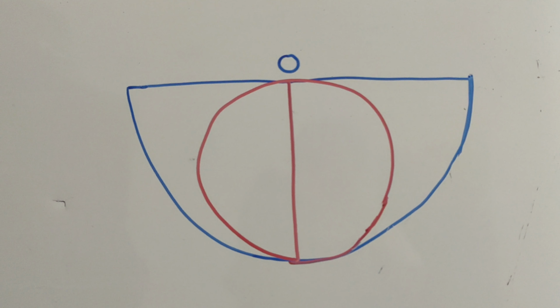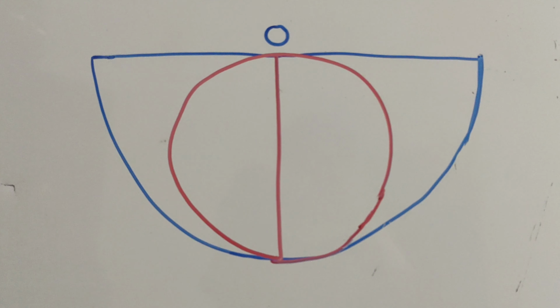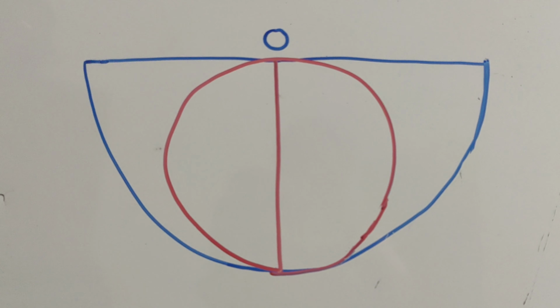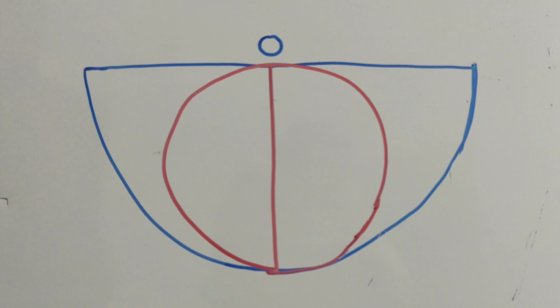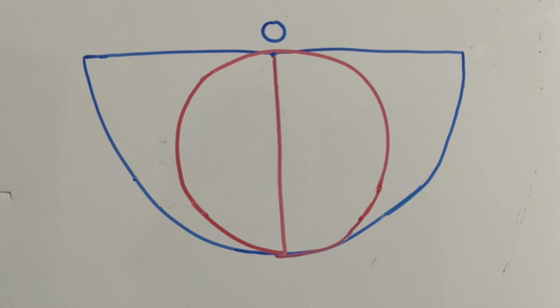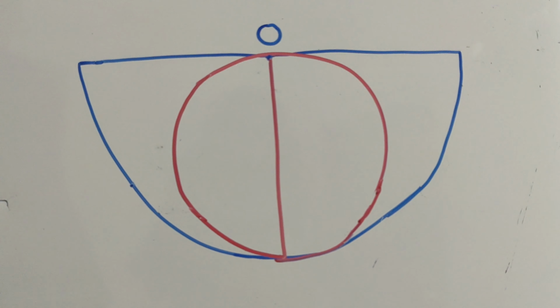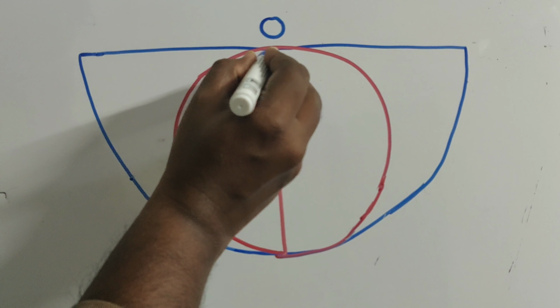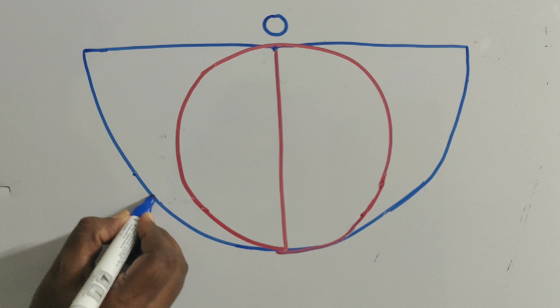As usual, we can divide this semicircle into 8 equal parts. Normally we do that because we have to get the points from the development to the front and top views. First I am going to divide it into 4 equal parts.